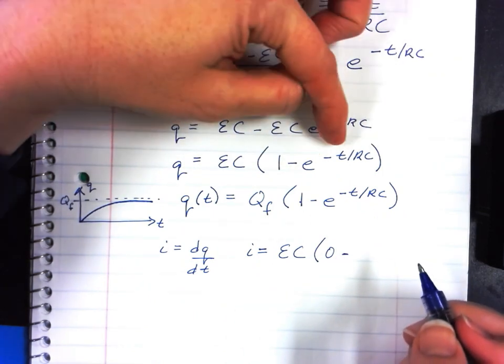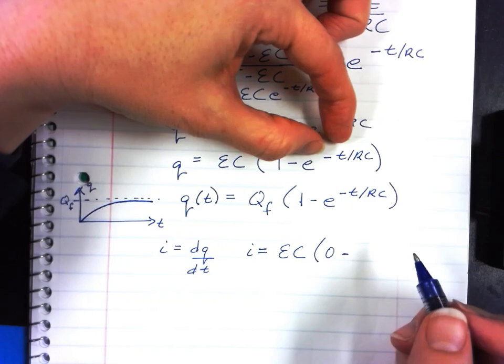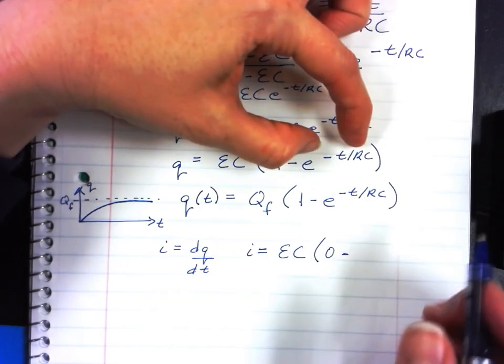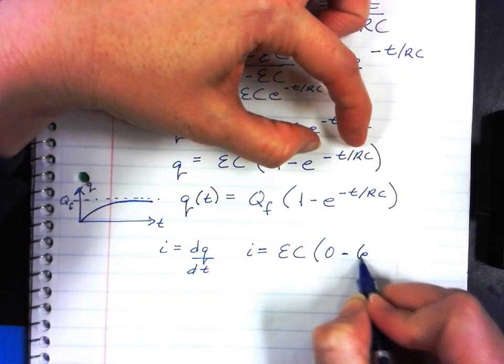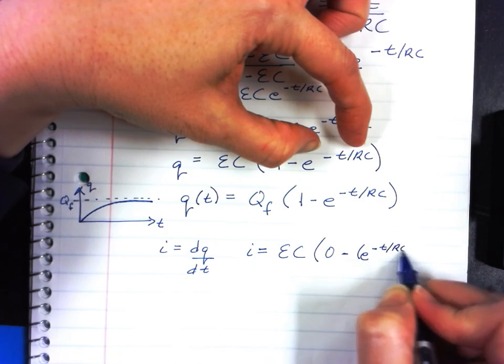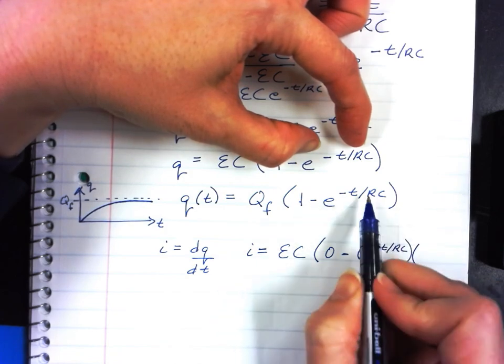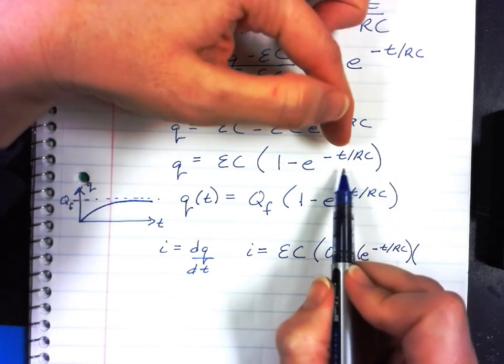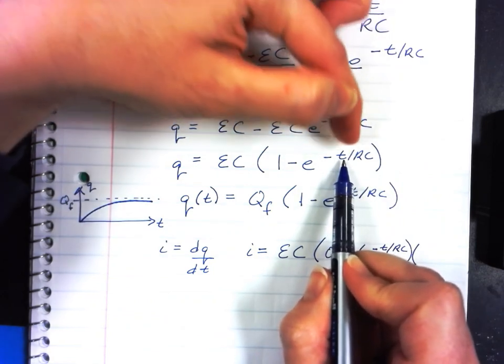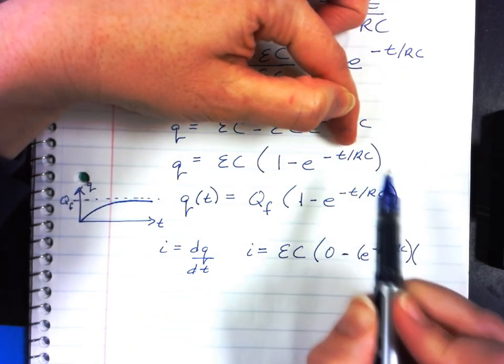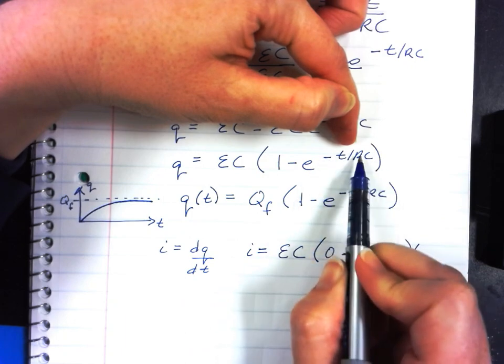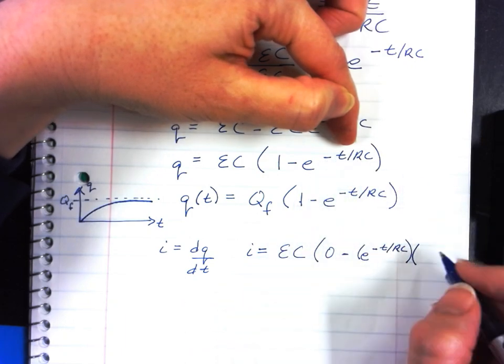Minus, again, those of you who are not in calculus don't know this, but the derivative of an exponential is itself. So I'm going to do e to the negative t over RC times the derivative of the up top part. t is the variable we're taking the derivative with respect to, so the derivative of this thing is negative 1 over RC.